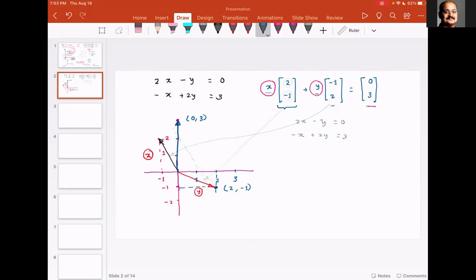If you multiply that by a negative number, it means you flip the direction of the vector. So basically, x can take values like -2, -3, -0.5, +0.5, 1, 2, 3, 4, whatever. But at the end of the day, the answer that you are going to get is going to be the exact same answer.